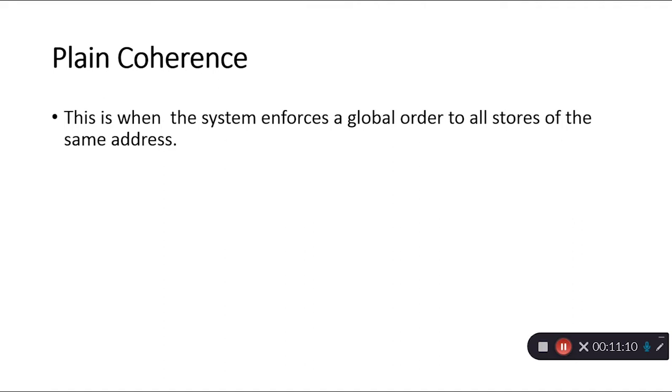Therefore, the value returned by a load is also the value of the latest store to the same location in that serial order. Plain coherence also facilitates the implementation of memory consistency models. This is done by propagating values timely, selectively, and efficiently.